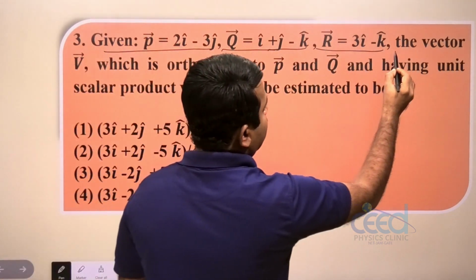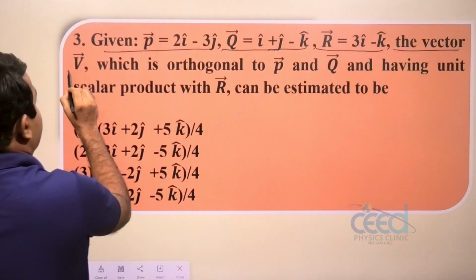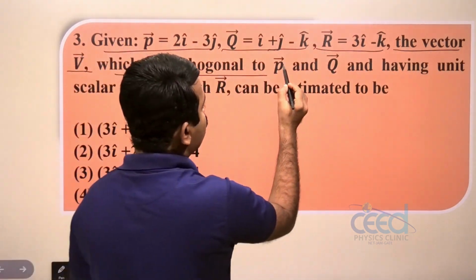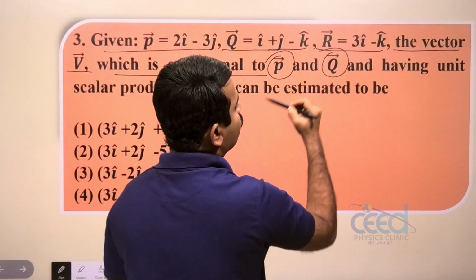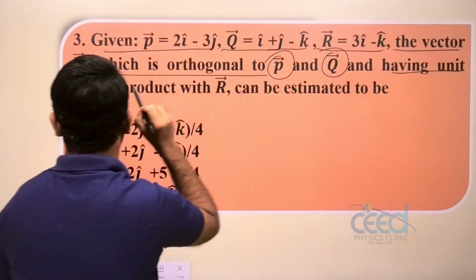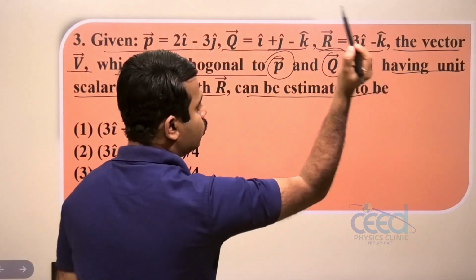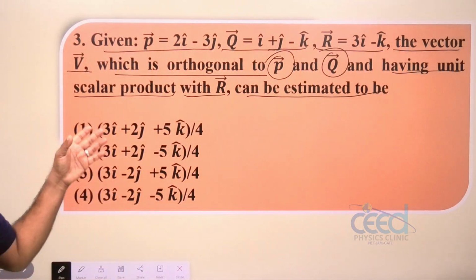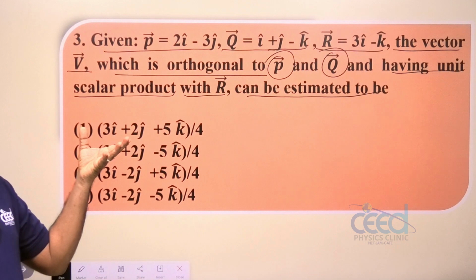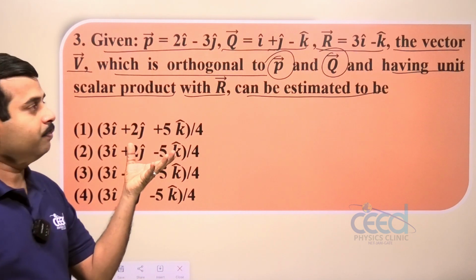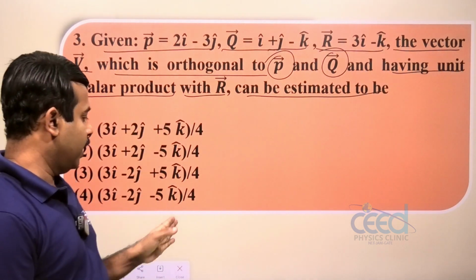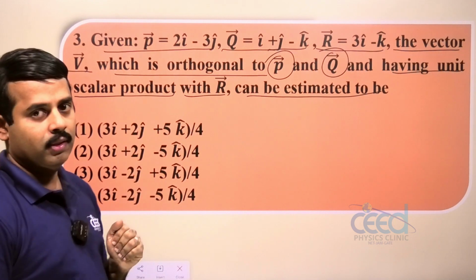Then the vector V, which is orthogonal to P and Q and having unit scalar product with R, can be estimated to be one of the given options.